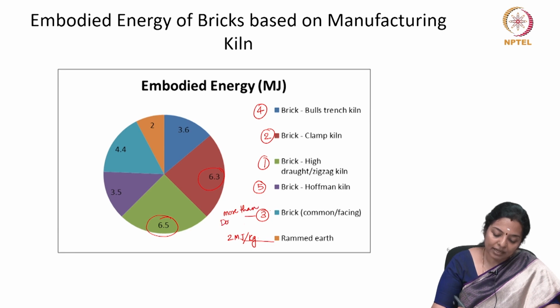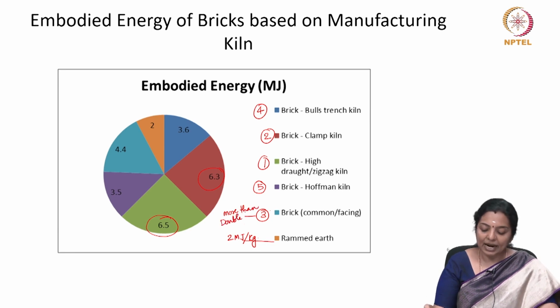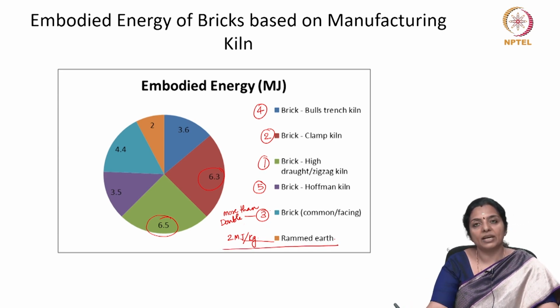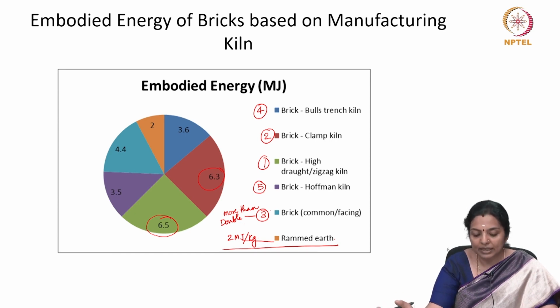It's more than double of rammed earth. And even this rammed earth, if it is made up of stabilized soil, it is about 2 megajoules per kg. Whereas, if we use unstabilized earth, unstabilized mud blocks, then it won't be that high.